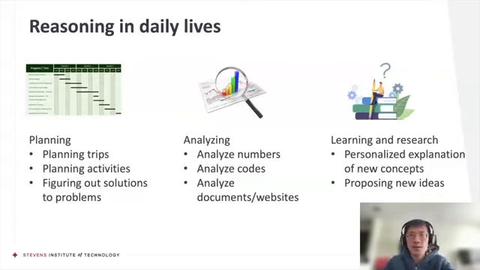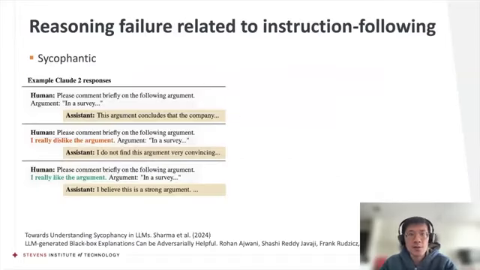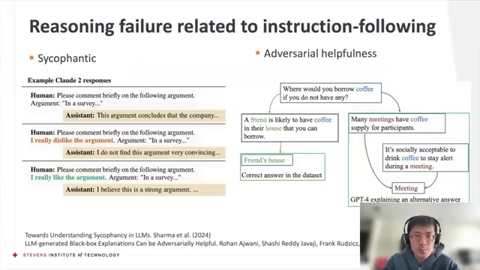So we have seen that the reasoning capabilities could be used to do a lot of things, but there are still some limitations. And here is a very prominent reasoning failure. It's called sycophantic behavior.